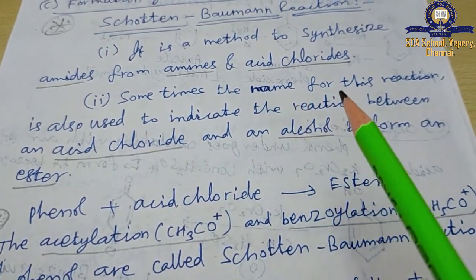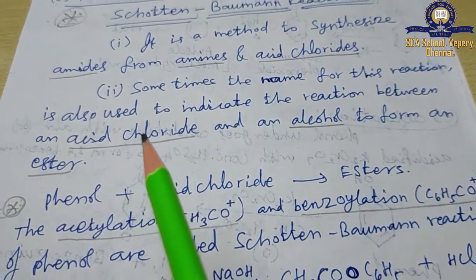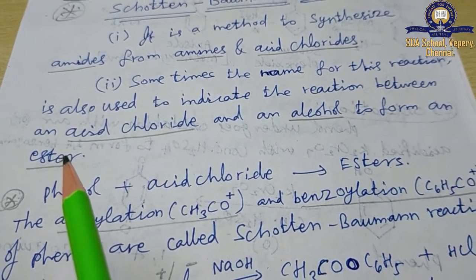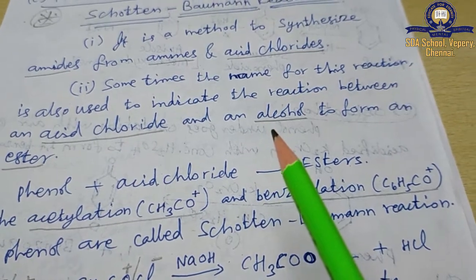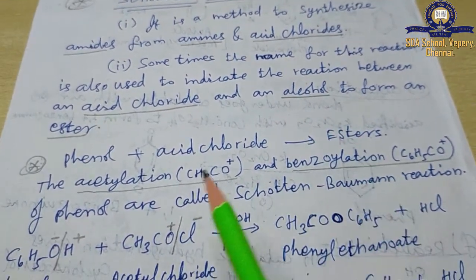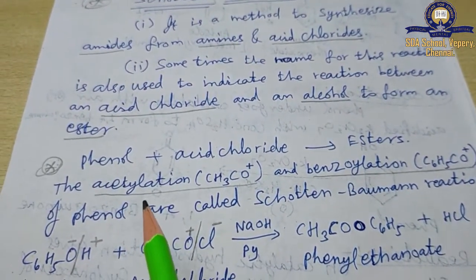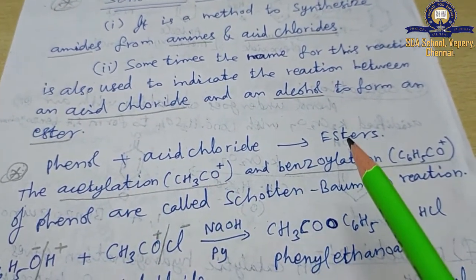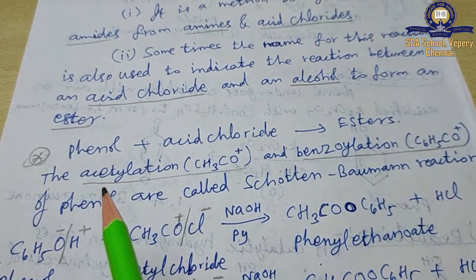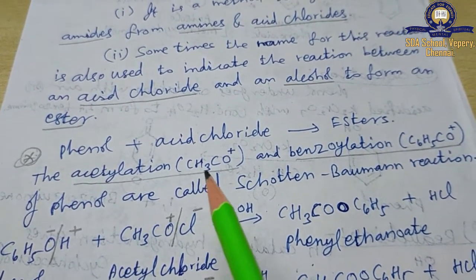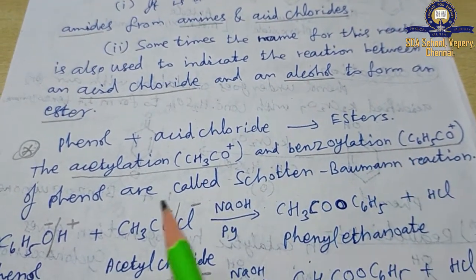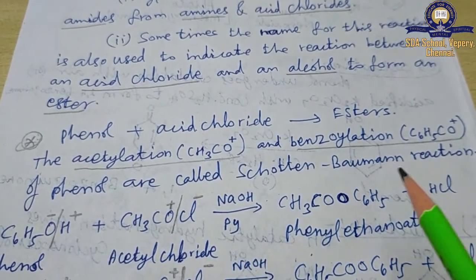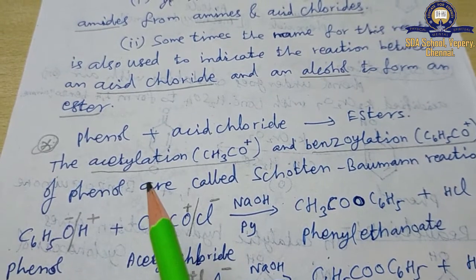Sometimes the name for this reaction is also used to indicate the reaction between an acid chloride and an alcohol to form an ester. Phenol plus acid chloride gives ester. The acetylation and benzoylation of phenol are called the Schotten-Baumann reaction. Take care, this is the definition for the Schotten-Baumann reaction.